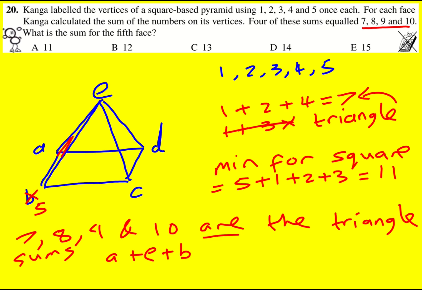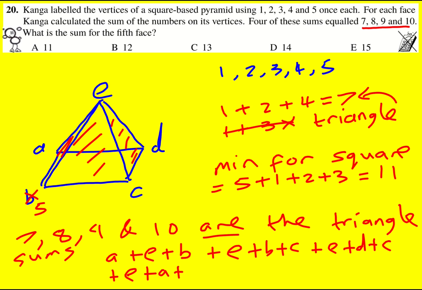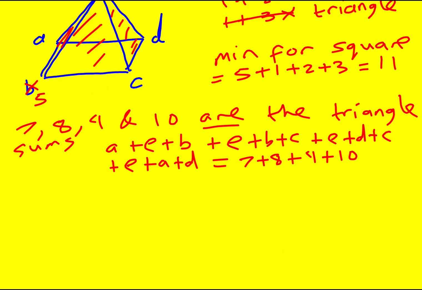I know I've set it equal to 5, but let's write it again in terms of B. Plus E plus B plus C for this front face, plus E plus D plus C for the right-hand face, plus the very back face, E plus A plus D. And we know that has got to be 7 plus 8 plus 9 plus 10.